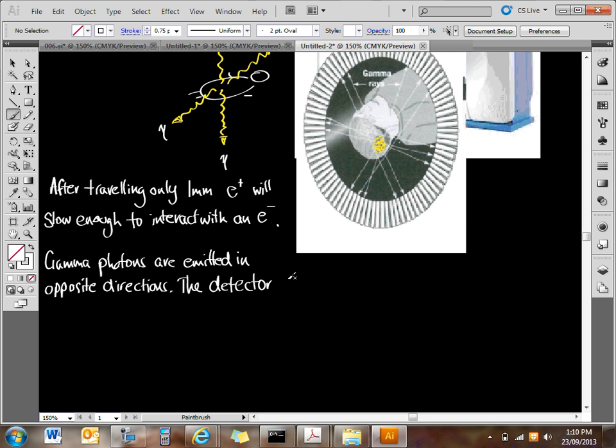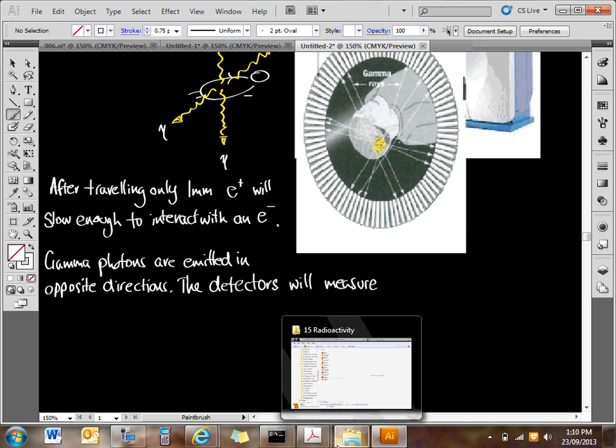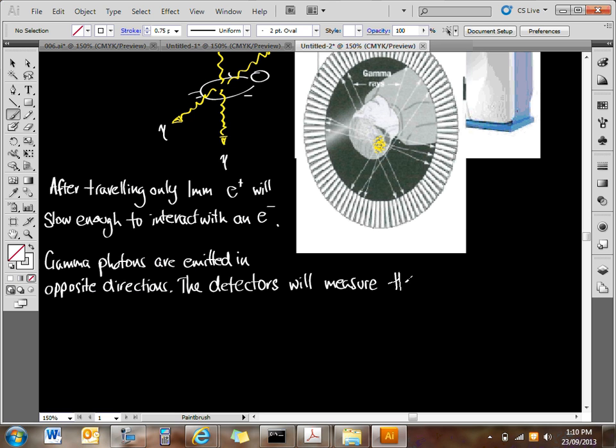The detector or detectors will measure the time difference and pinpoint the origin.